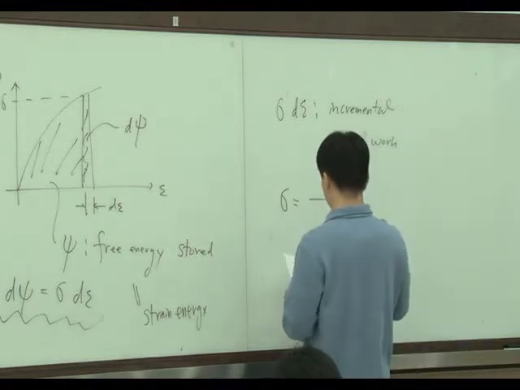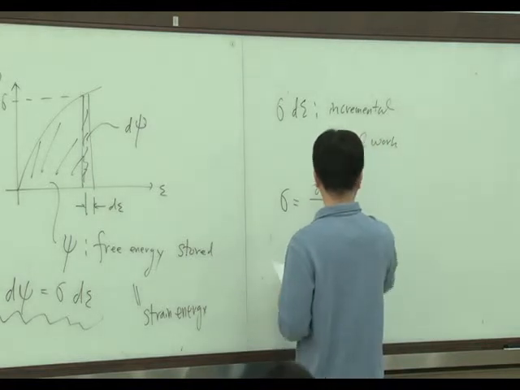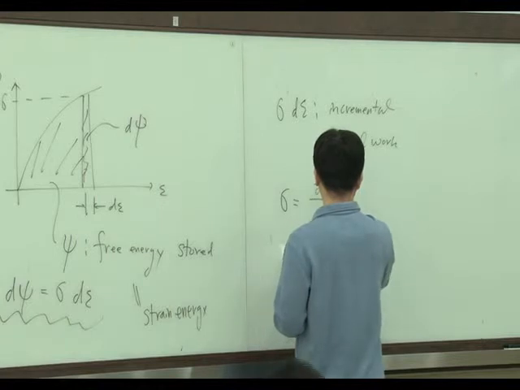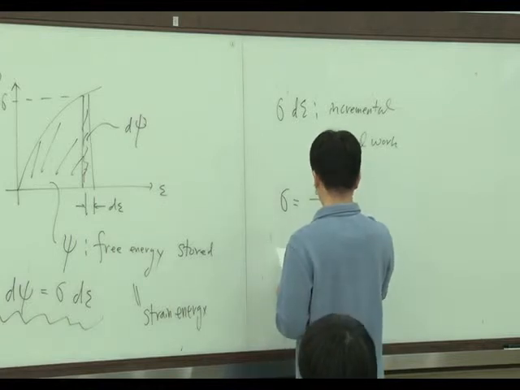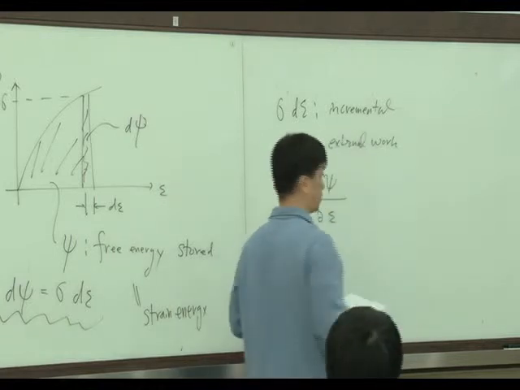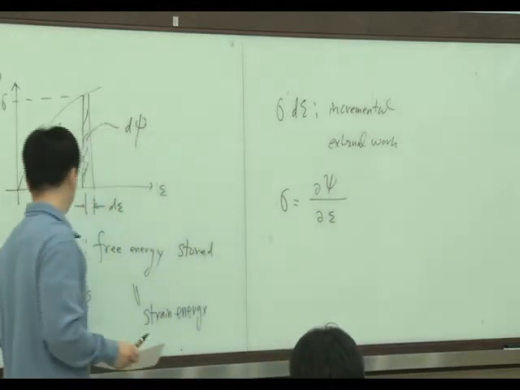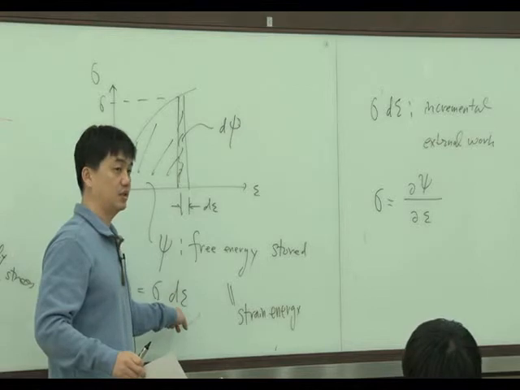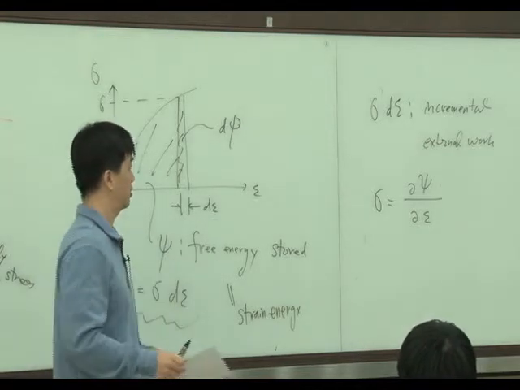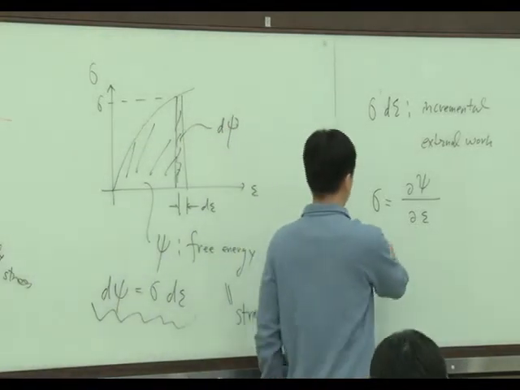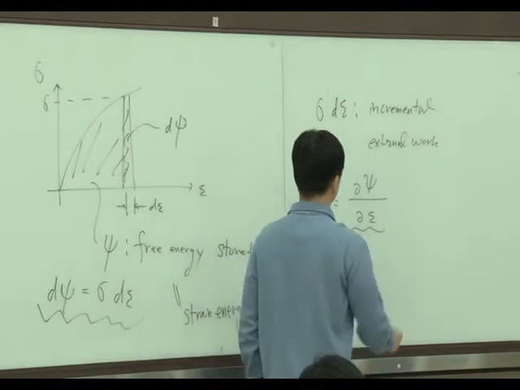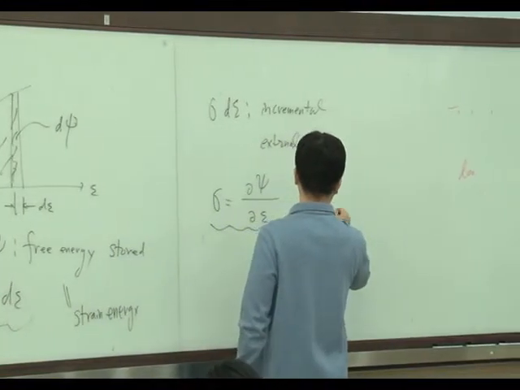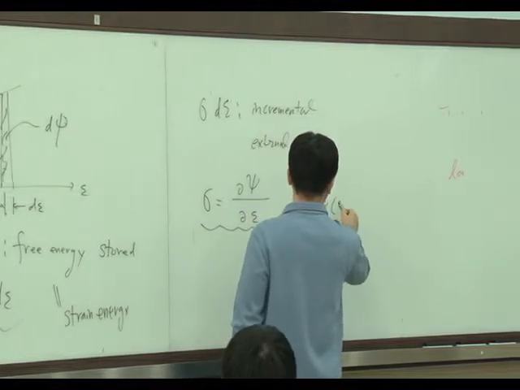If you divide both sides by d strain, we can have this equation. Here, usually the free energy should be a function of strain.